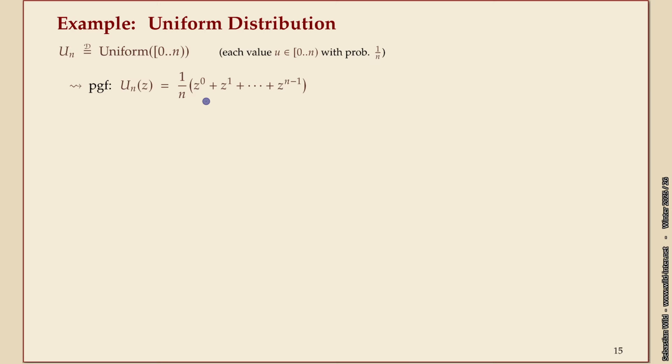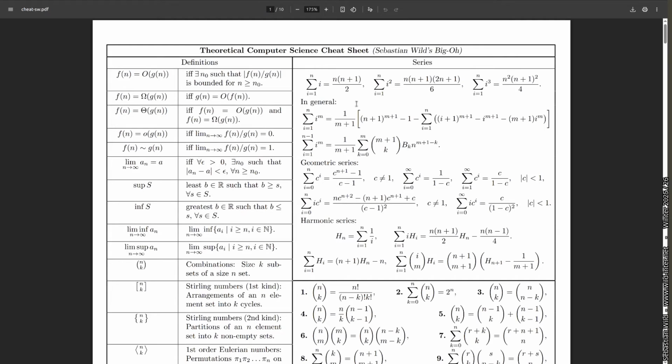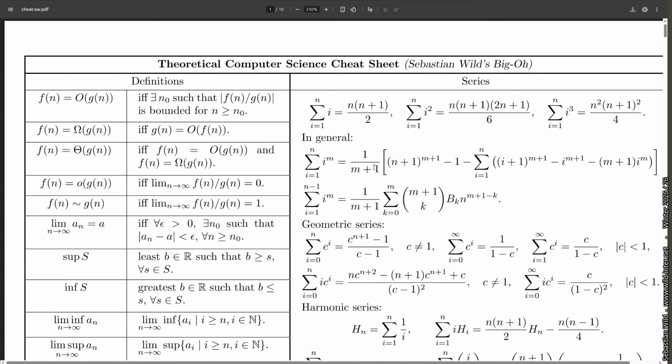The power of this comes in because I can do algebraic reformulations of this term. In particular, just in case people might have forgotten about this, there's the TCS cheat sheet, and there's a formula for summing up powers from 0 to n, so that's exactly the form we need.